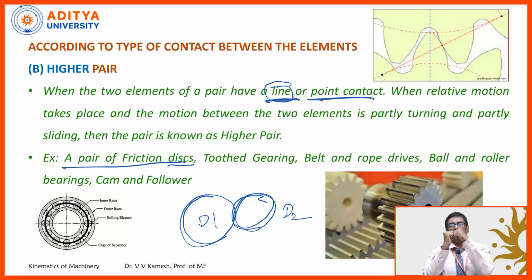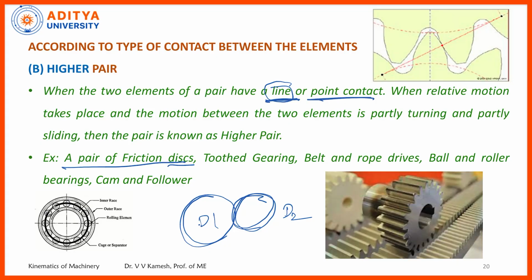If I rotate disc number 1, forget about the rotation of disc 2; I do not give any energy to disc 2. Disc 2 is along the shaft, ready to rotate, but I give the energy only to disc 1. Disc 1 is rotating at some 200 or 2000 RPM. Disc 2 automatically, due to the friction between disc 1 and disc 2, starts rotating.